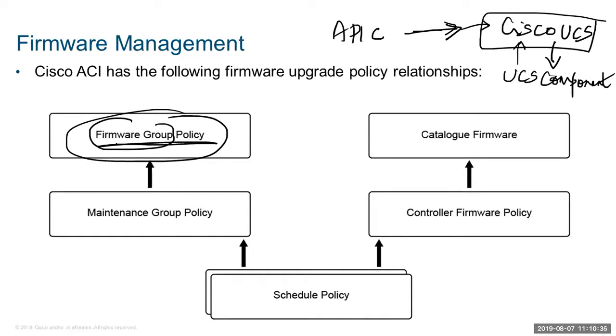Similarly, there's a maintenance group on which you apply a maintenance group policy. A group of switches on which you plan to jointly upgrade together would be a maintenance group.